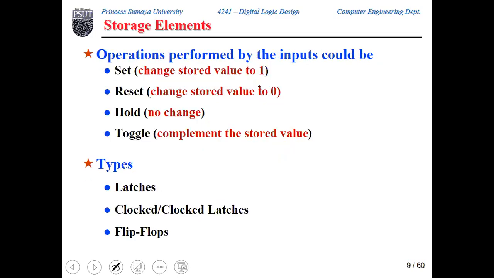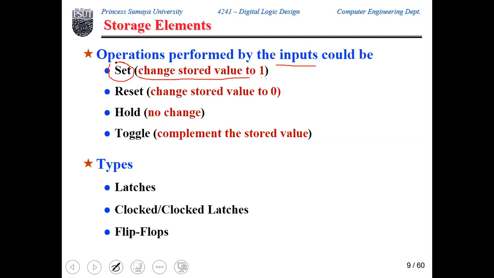If you look at different types of storage elements, you will see that depending on the type, there are basically 4 types of operations that you can perform using the inputs of the storage element. You can use these inputs to change the stored value to 1, which we call a set operation.